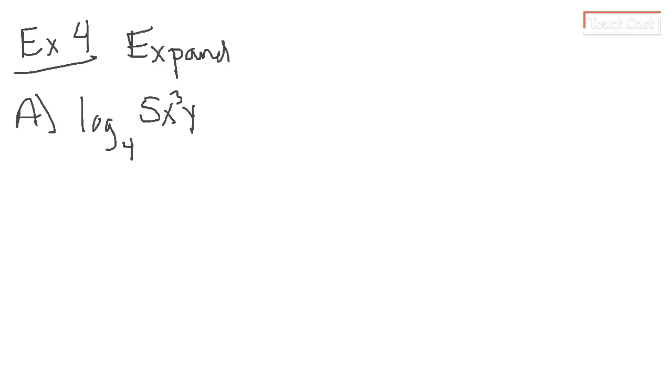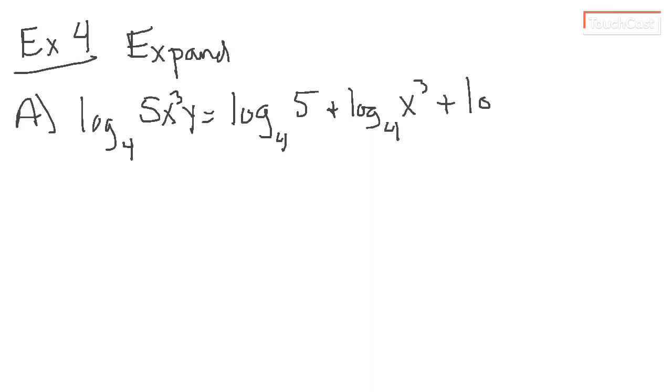So this is first a product of 3 different terms. So we can rewrite this as log base 4 of 5 plus log base 4 of x cubed plus log base 4 of y. Now in this middle term, we've also got a power. So we're going to bring the 3 down.